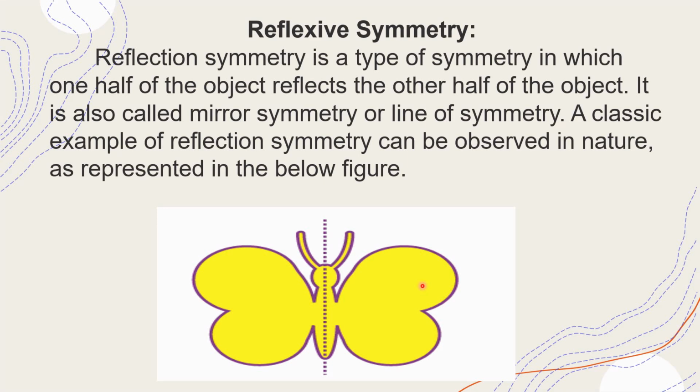A classic example of reflection symmetry can be observed in nature. In this figure, a butterfly's picture is there. So here you can see the half object reflects the other half object, or we can call this a mirror symmetry or a line symmetry.